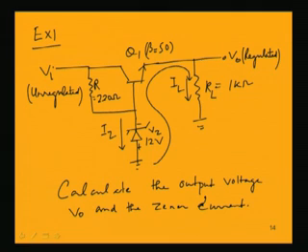It will be Vz minus VBE, because the voltage between base and emitter of this transistor is VBE. So Vz minus VBE will be V0.